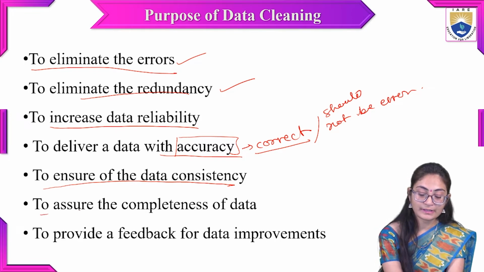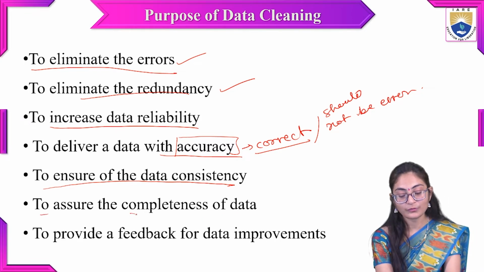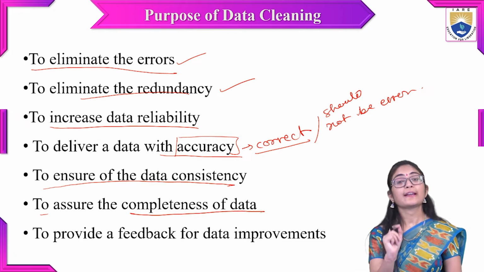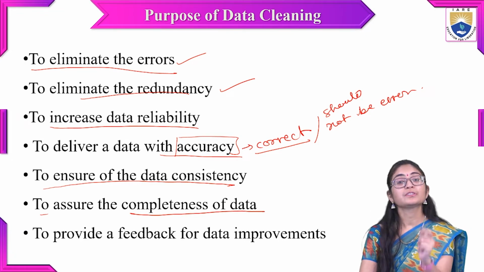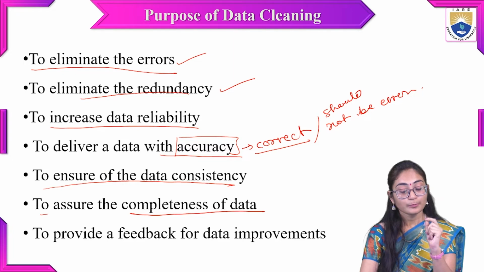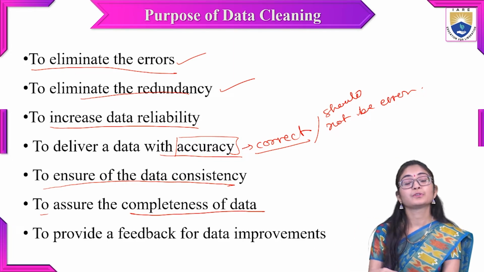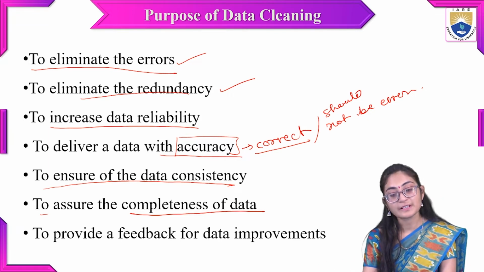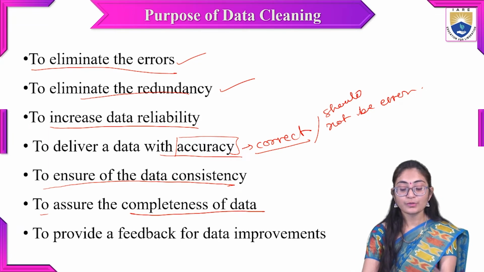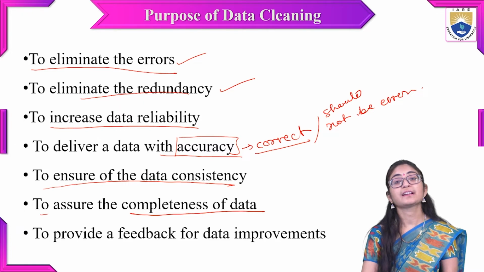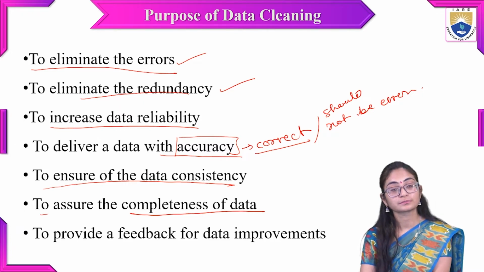Then next one is to assure the completeness of data. You have to assure the completeness of data before moving to the next step. First, you have to check whether your data is complete or not.